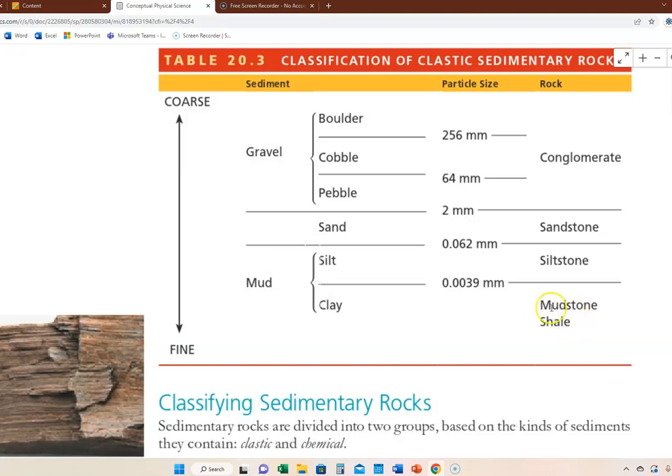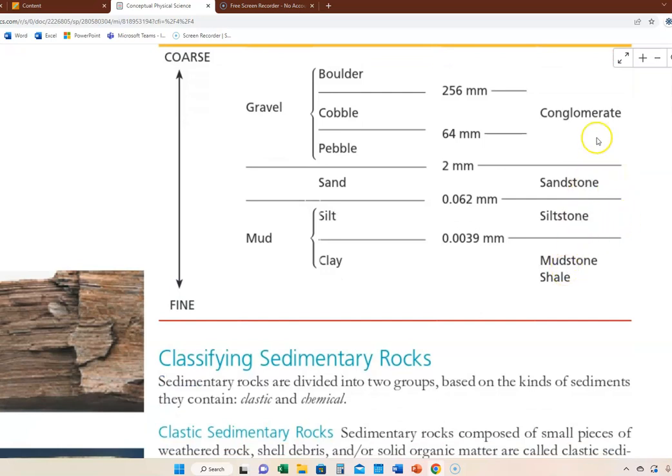Sometimes it's also called mudstone, just like siltstone is also sometimes called sandstone. So that's coming from sand type materials. All right. So these are showing the sizes of these different materials, and then larger pieces will make up the conglomerates. All right. So shale, sandstone here.